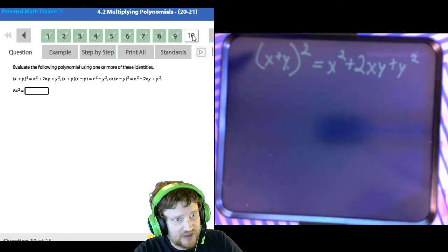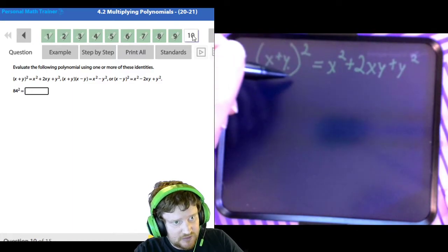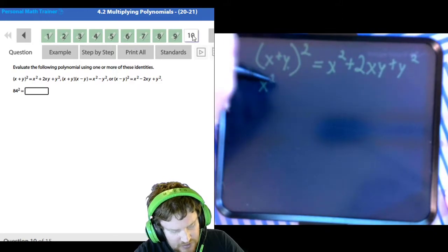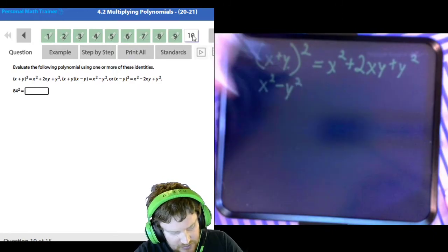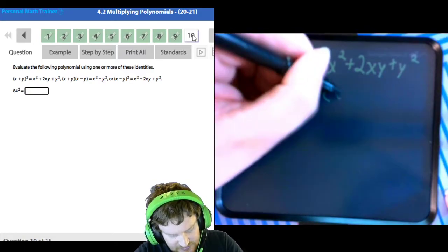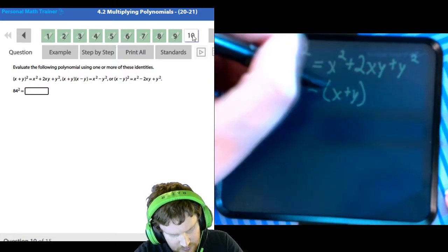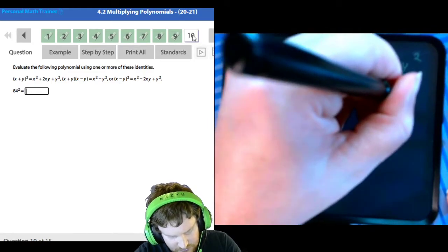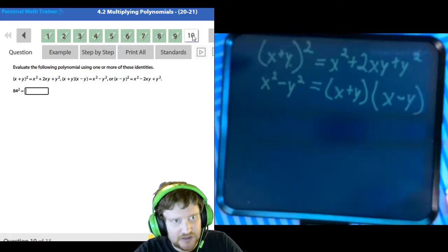By the same vein, if you have a number squared minus a number squared, notice that there's no parentheses here, that is one number plus the second number times that number minus the second number.